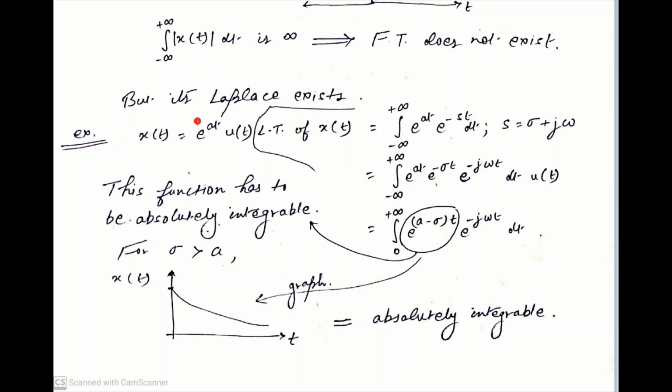So what I am going to tell here is that when I'm trying to find the Fourier transform of e raised to the power at, the transform does not exist.